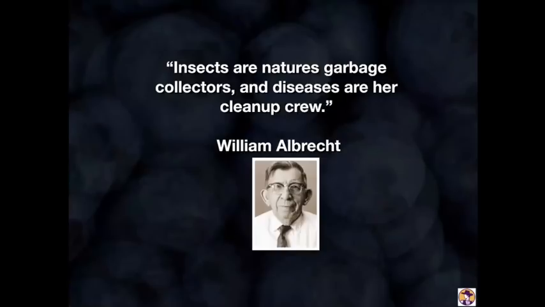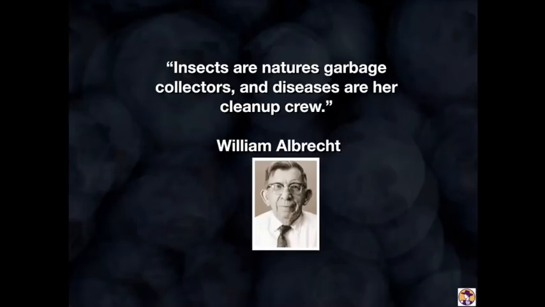So William Albrecht at the University of Missouri in the 1940s said that insects are nature's garbage collectors and diseases are her cleanup crew. And this is the fundamental philosophy that we have in advancing eco-agriculture. We believe that insects and diseases are simply nature's survival of the fittest mechanism.